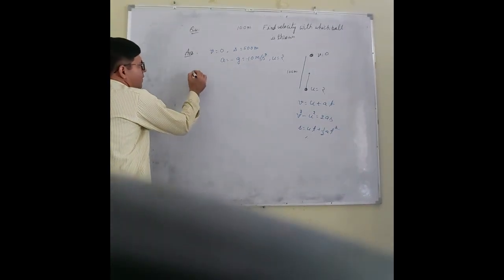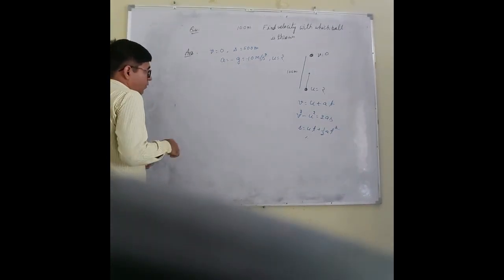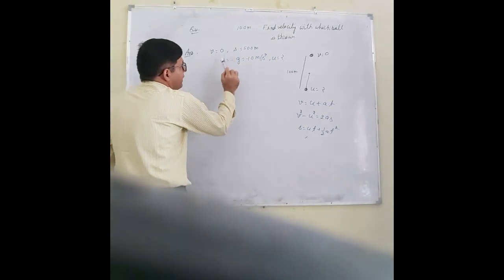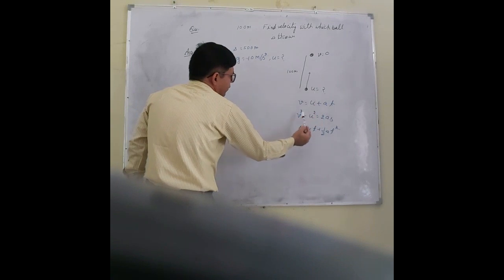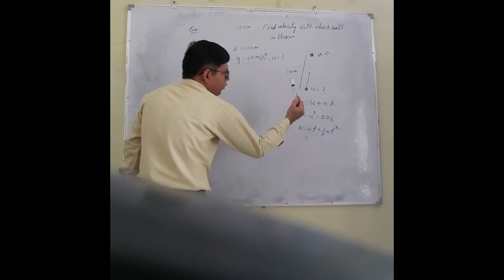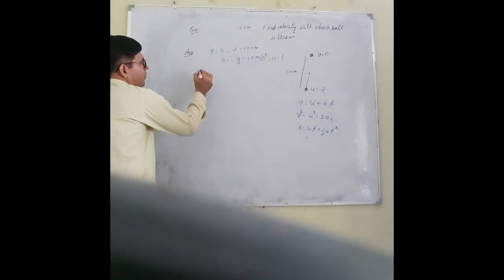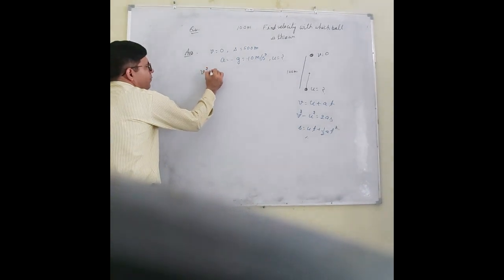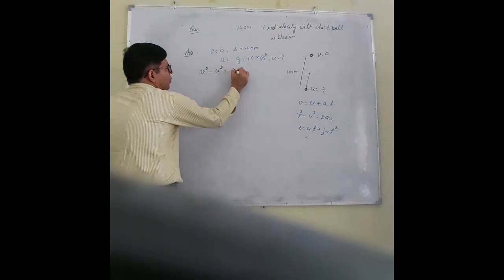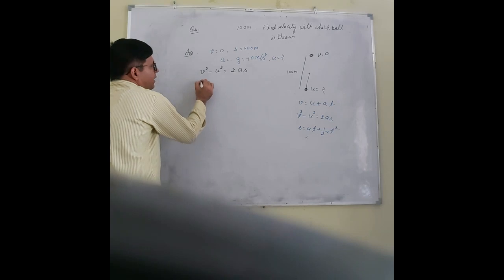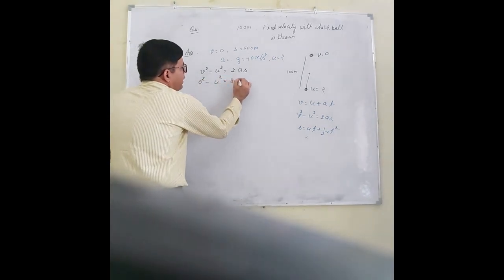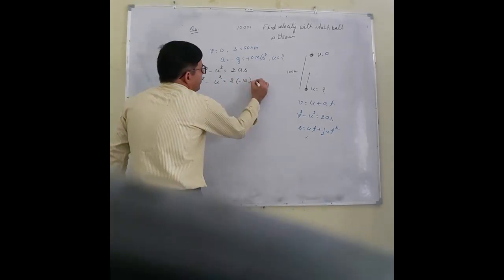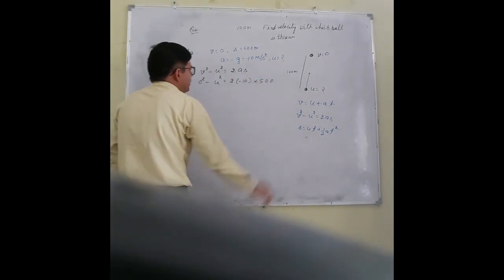Let's do this. What formula will you use? VSAU. T is not there. So I will use this formula again. V square minus U square equals 2AS. What is V? 0. What is U? I have to calculate. What is A? Minus 10. What is S? 500.